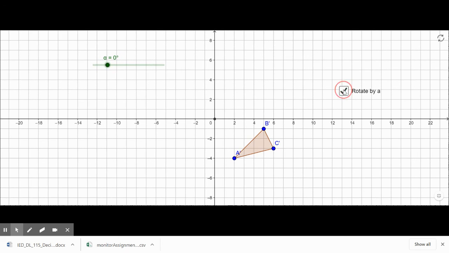So when I rotate by 90 degrees, 0 degrees doesn't do anything. 90 degrees. I should have made that slider not do that way. All right. 180 degrees. And there's 270. And if you get to 360, you're all the way back to where you were.